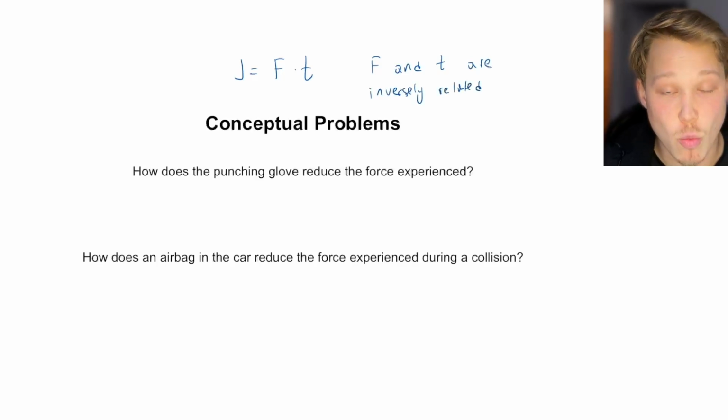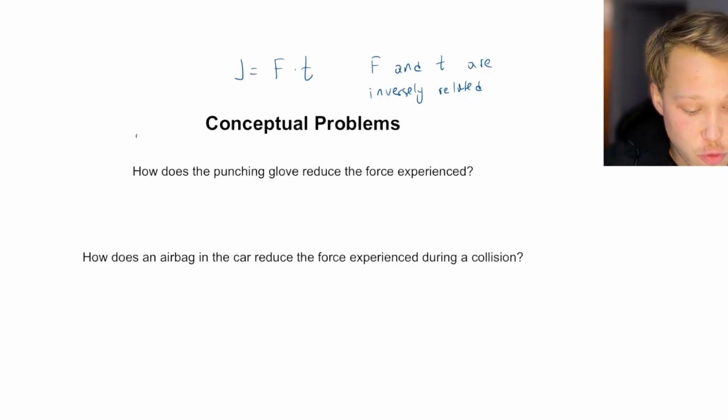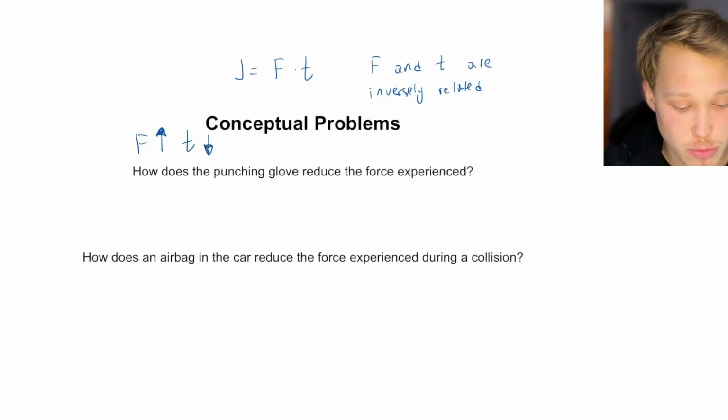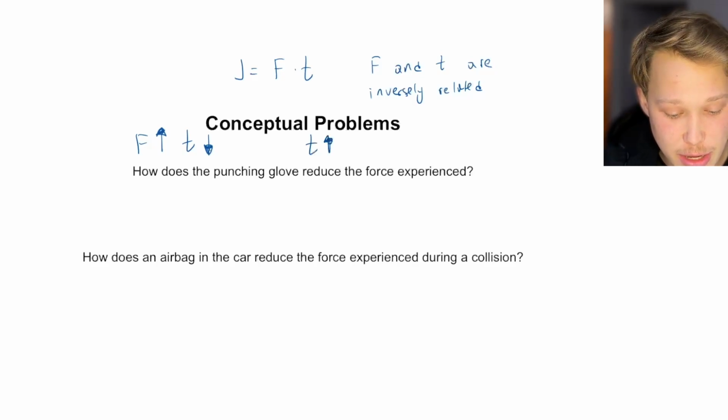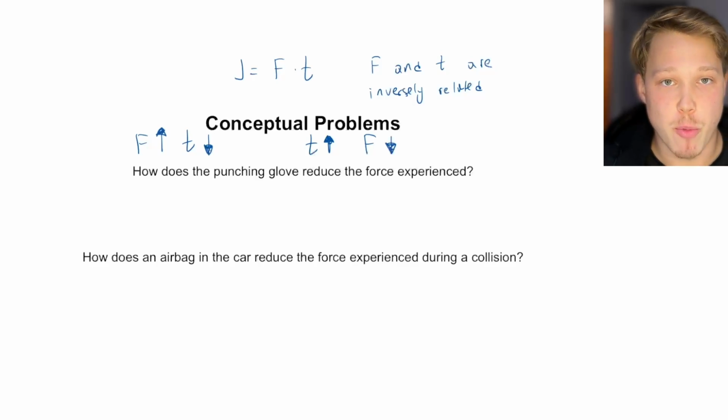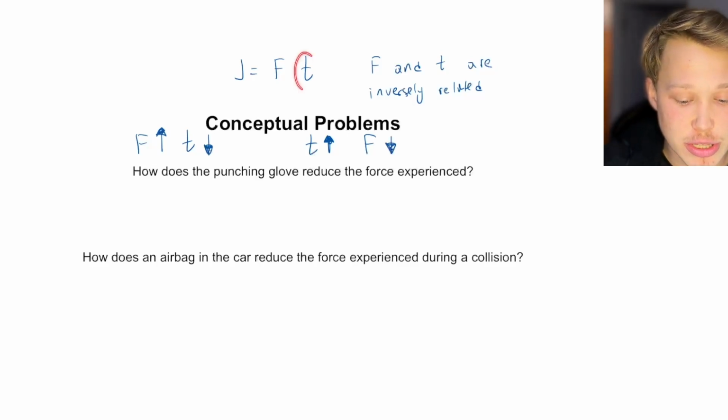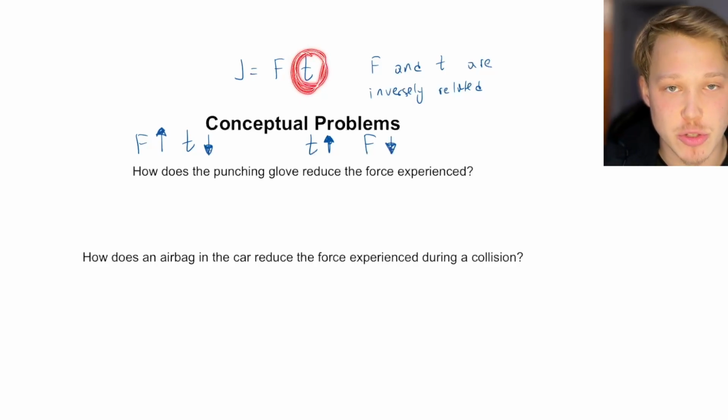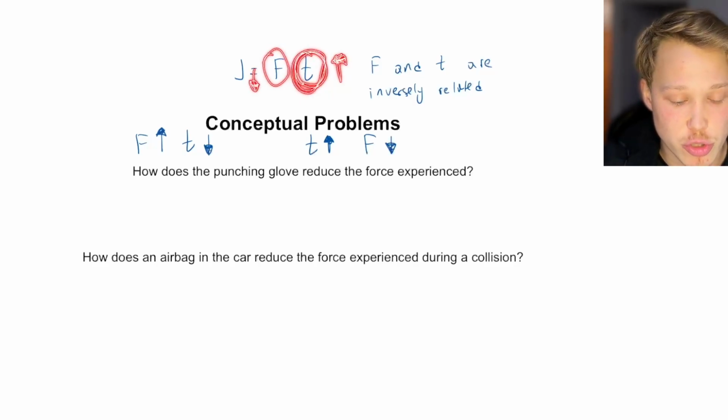If you forgot what it means for 2 variables to be inversely related, it means that as I increase one variable, such as force, the time goes down. Or the other way around, as I increase the time, my force will go down. So it's important to understand this relationship between force and time. The longer the time you take for the interaction, the smaller the force is going to be.